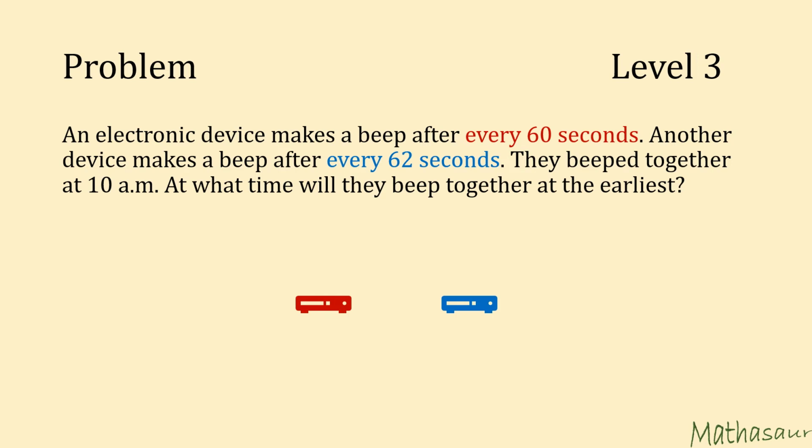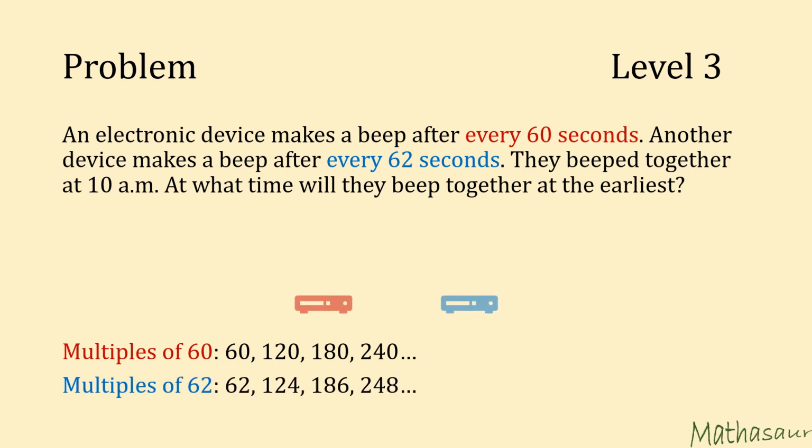We see that one is beeping after every 60 seconds. So we are looking at multiples of 60. Similarly, the second device is beeping after every 62 seconds. So we shall be looking at multiples of 62 for recording the beep of the second device.